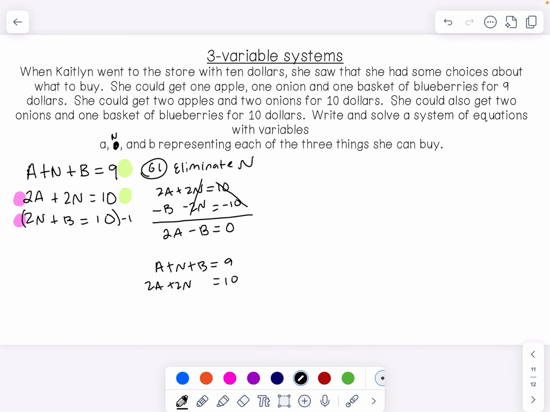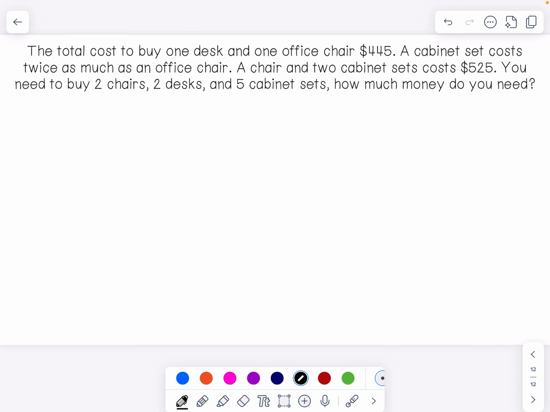In order to get rid of the N's, I need to multiply this first one by -2. So that is going to give me -2A minus 2N minus 2B equals -18. And then I have 2A plus 2N equals 10. I'm going to go ahead and combine those. Interestingly, my A's cancel as well, so do my N's, leaving me with -2B equals -8.